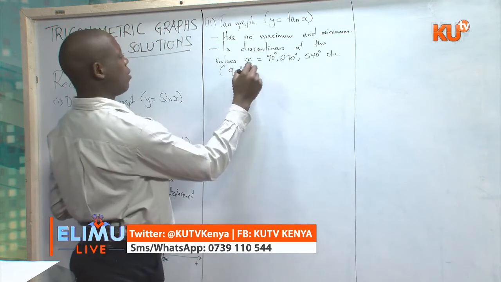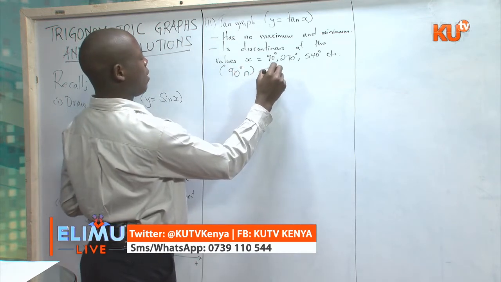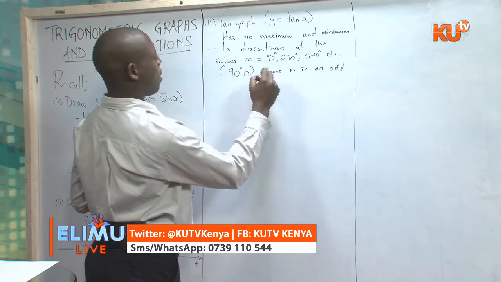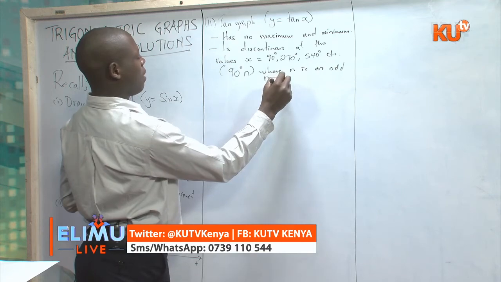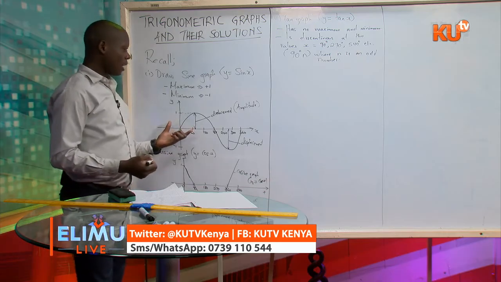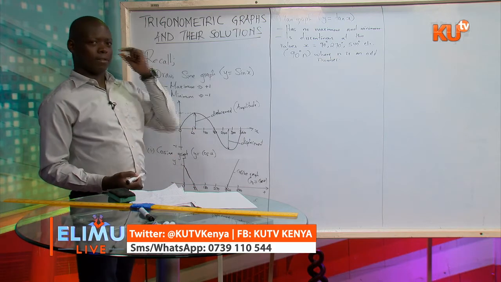In this case, n is an odd number. So the graph of tan is not a continuous graph, as we can see in the sine and in the cosine graphs.